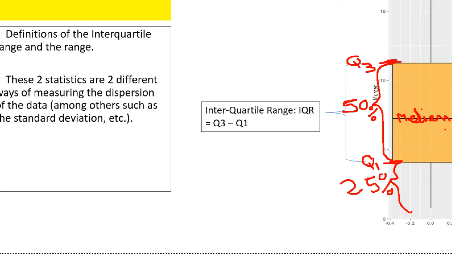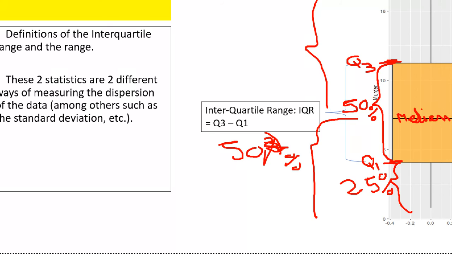Okay, so I know that I have 50% below the median, okay? 50% below the median, and I have 50% above the median.